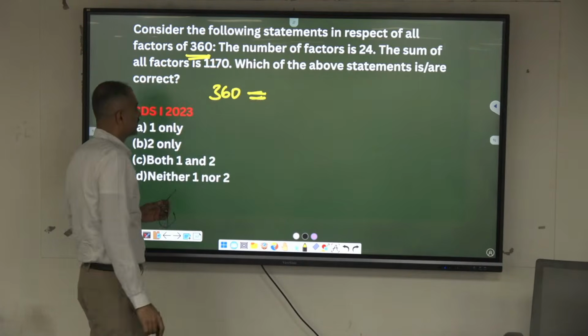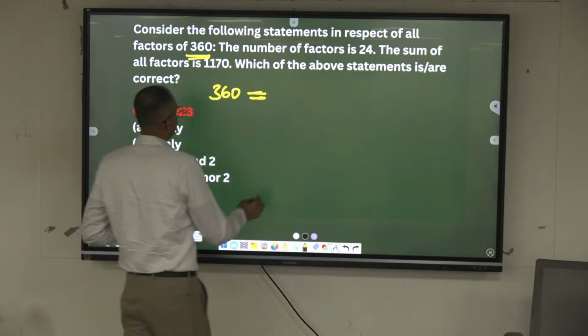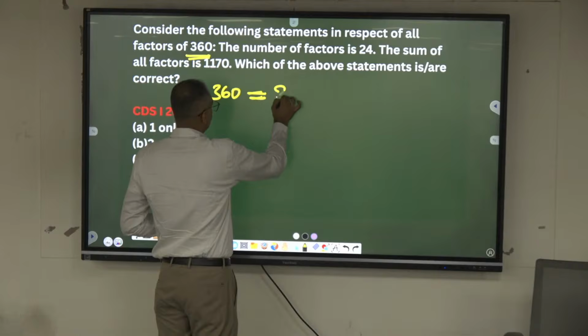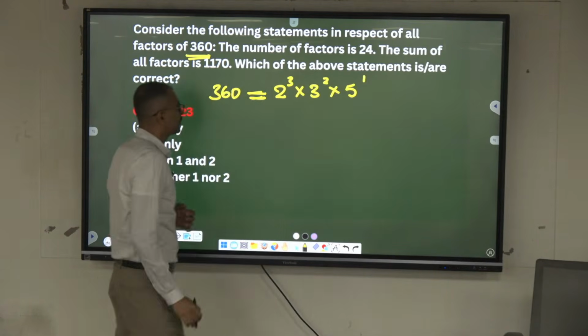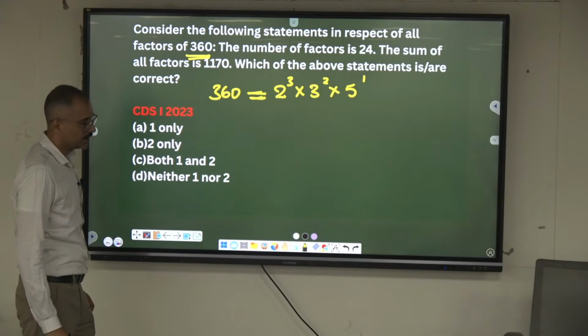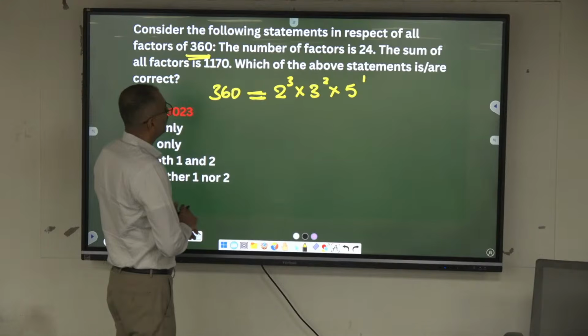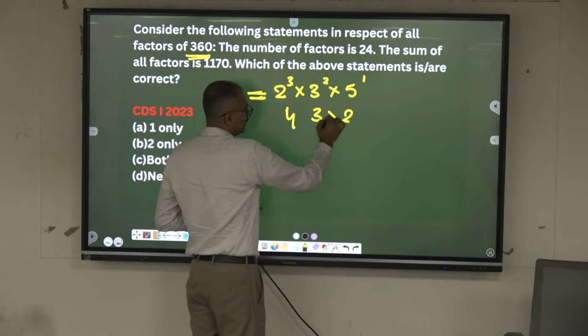Can I write this as 2 power 3 into 3 square into 5 power 1? Correct? Okay, look here now. The number of factors are what? 4, 3, 2, which is 24, is it?